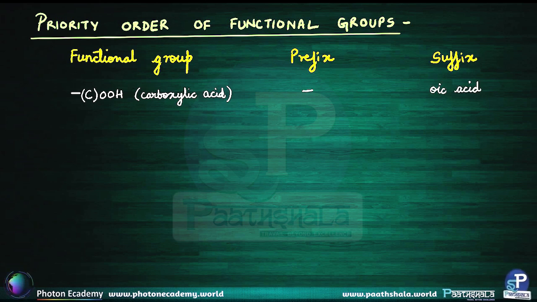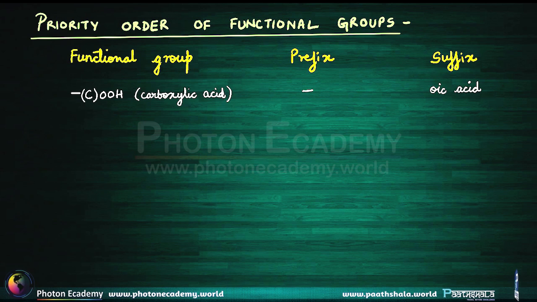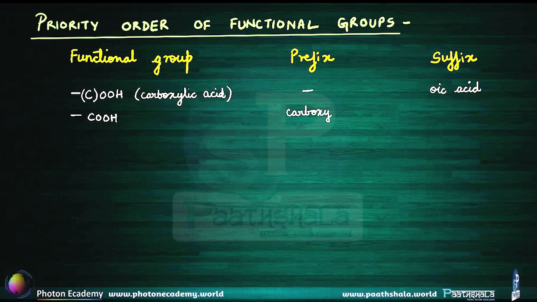Now, if we have COOH appearing as a substituent, the prefix that we use is carboxy. We'll be discussing examples for the same. And the suffix that we use is carboxylic acid.